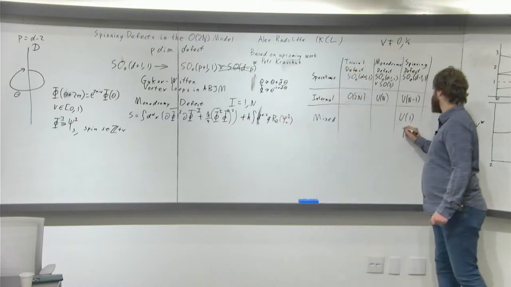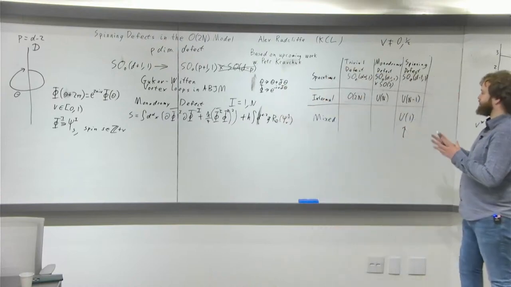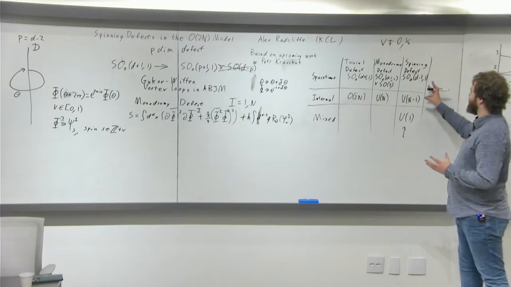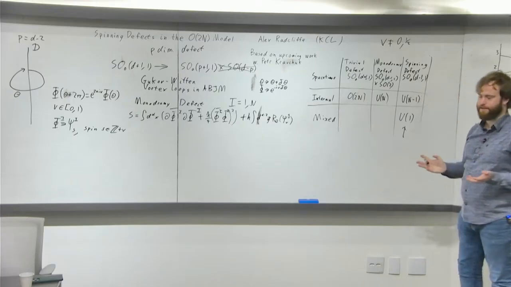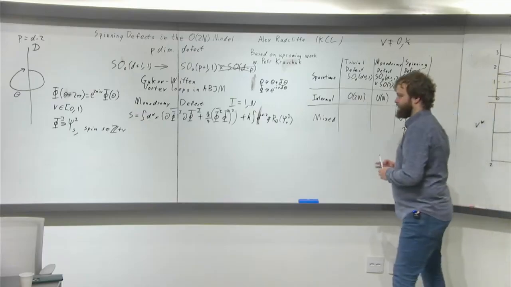So we have got one extra symmetry here. It's not the case that rotations are just broken in the whole thing. There is a combination of a rotation and an internal symmetry which is preserved.